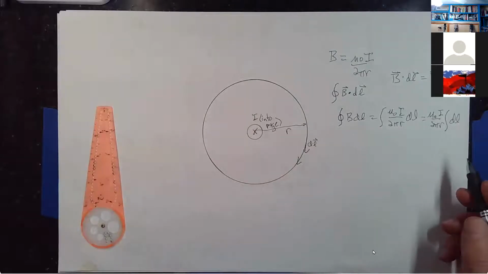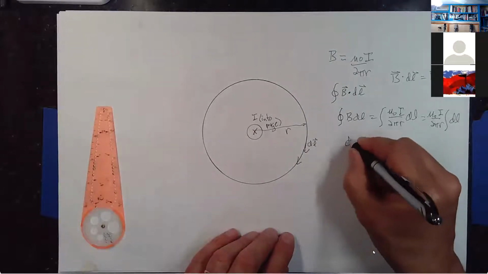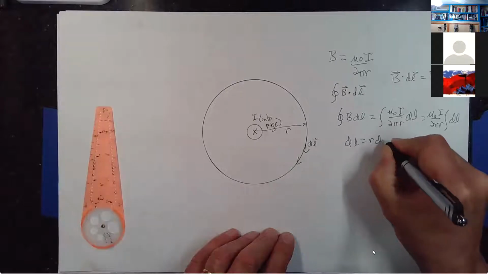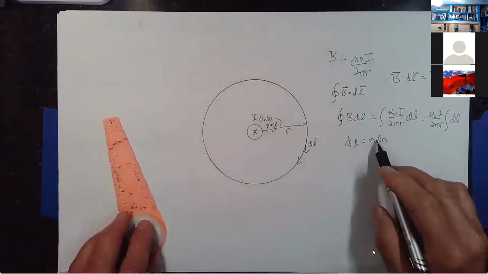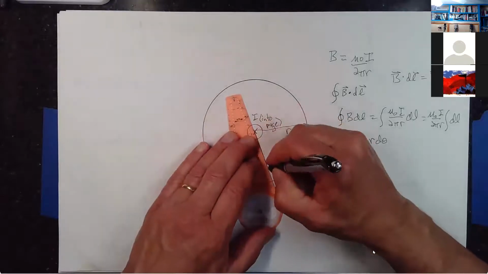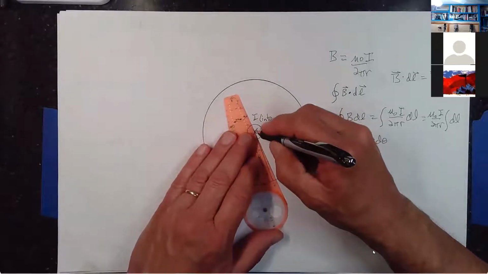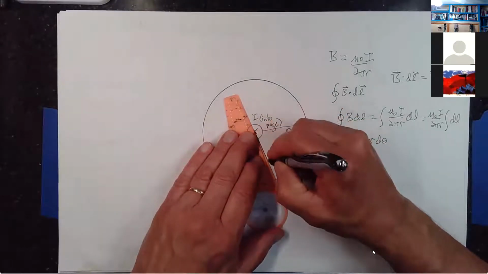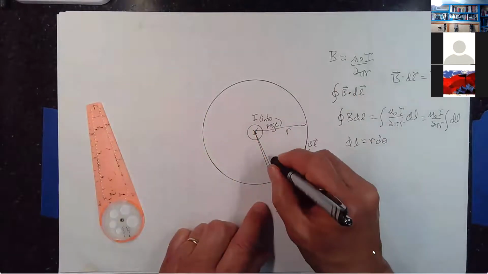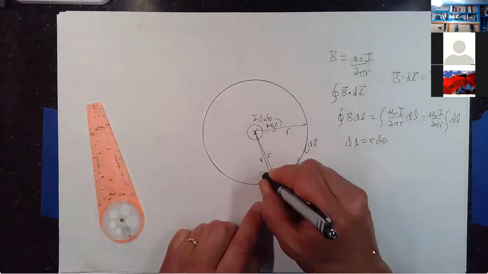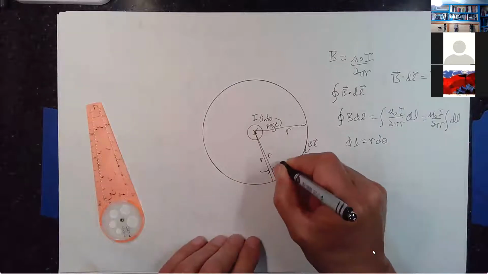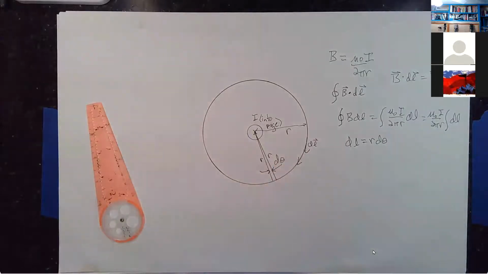And if you want to, you can think of dl as equaling r d theta. And r is again going to be a constant, but then the little length element that we have here, this could be a dl at a later point. This will be r again, and this angle will just be d theta.